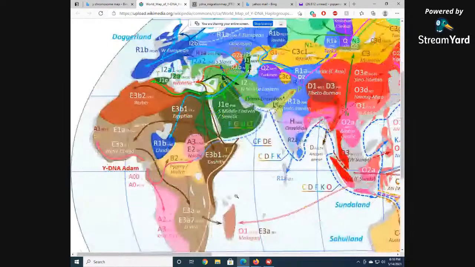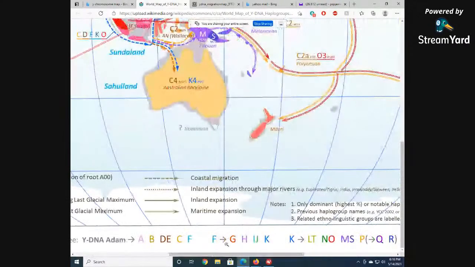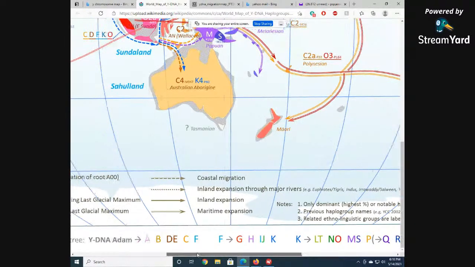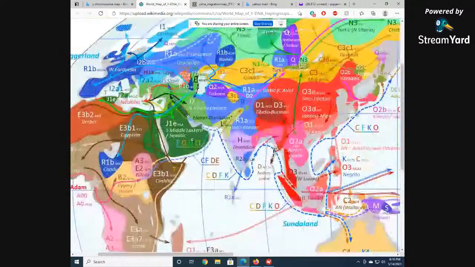It would be FGHI and J. The K belongs over here in the other section, and this F belongs in the Semitic column, you might say. So we pretty much have the Semitic lines figured out.